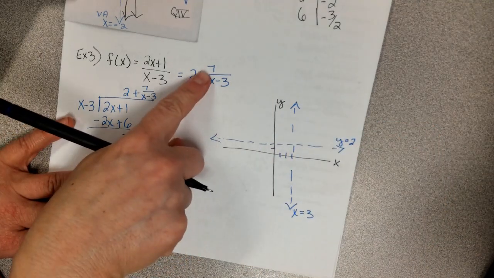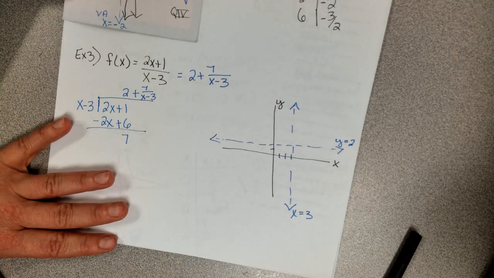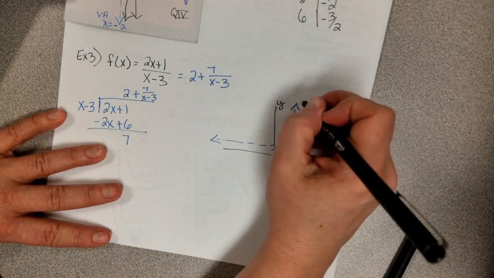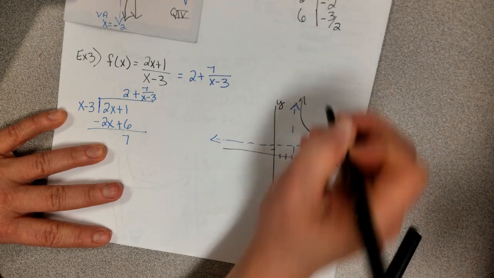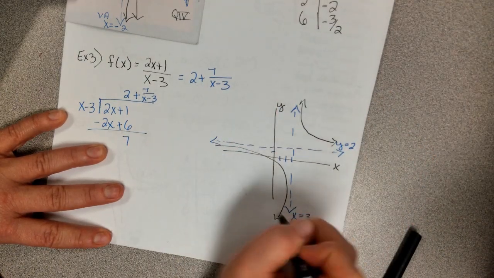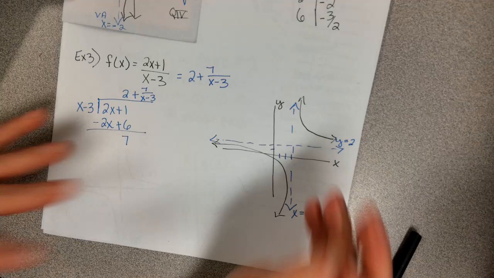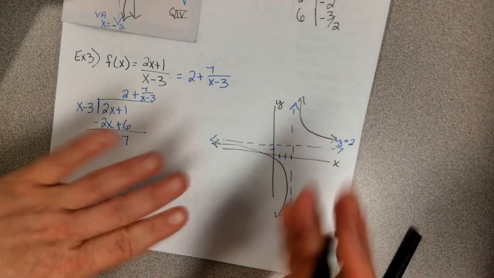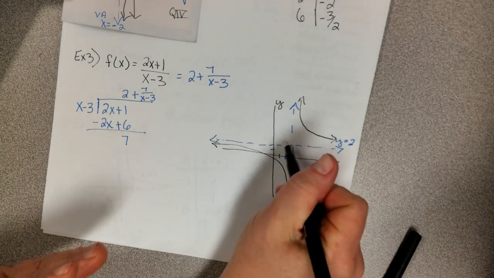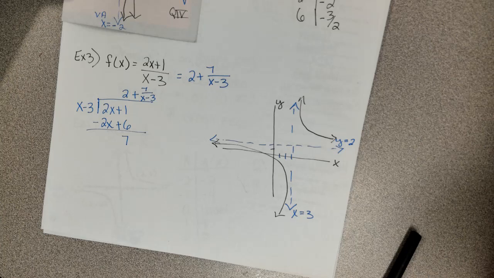This is positive, so I know it's going to be in quadrants 1 and 3, so I would sketch it here. And it's going to have a stretch, so it's going to be pulled away from the center of these asymptotes a little bit. So that just makes it easier to graph. Okay. And that's the concept right there. Have fun.